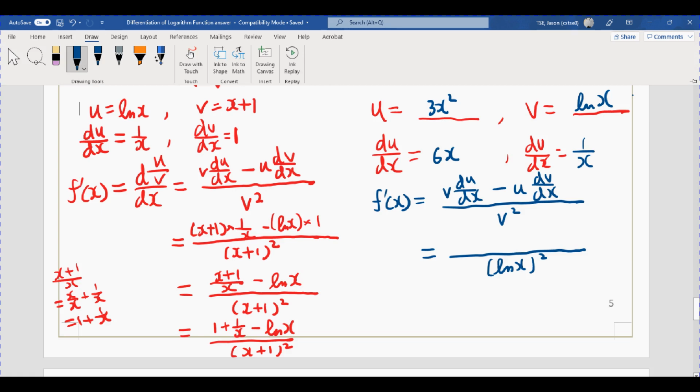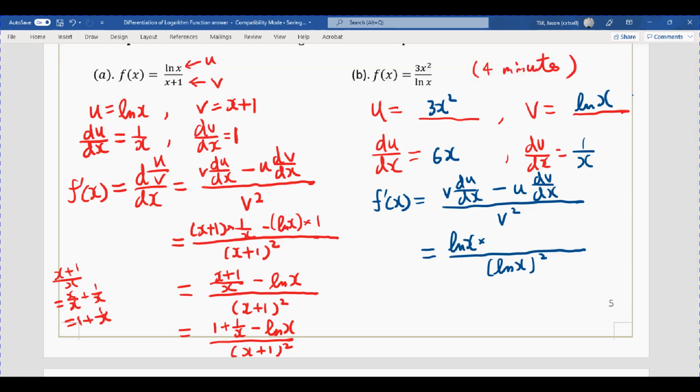All right, so that bracket is necessary, and you have v, which is log x, times du over dx, which is 6x, minus u, which is 3x squared, times dv over dx, which is 1 over x.